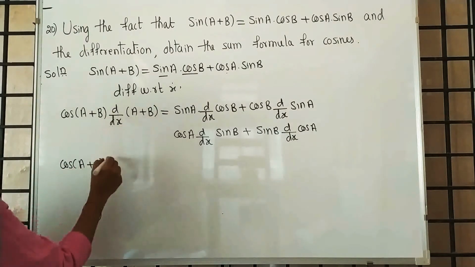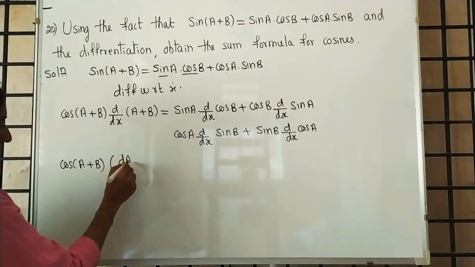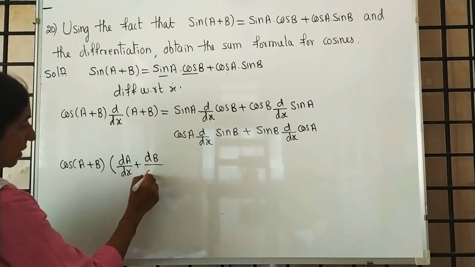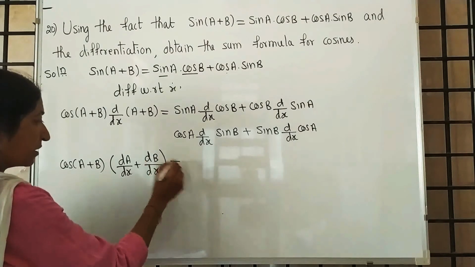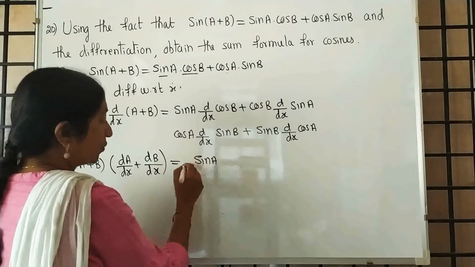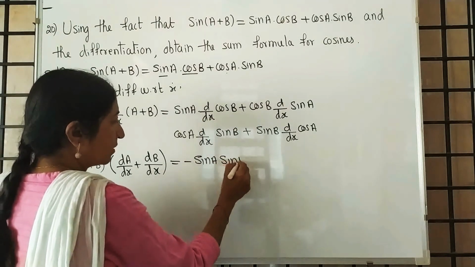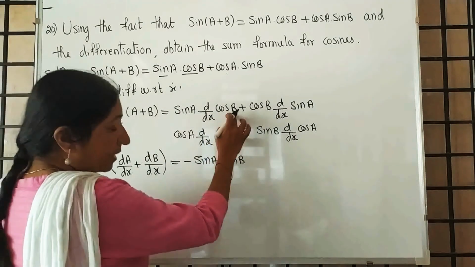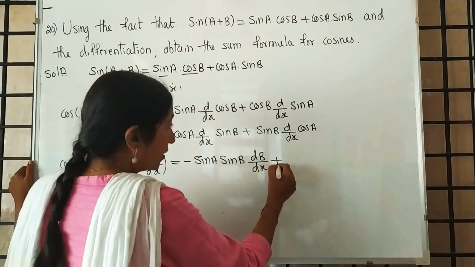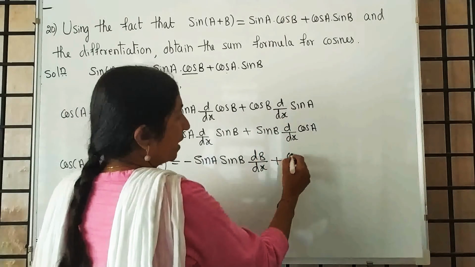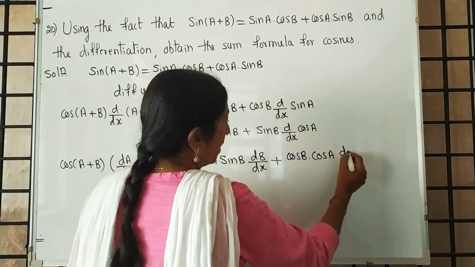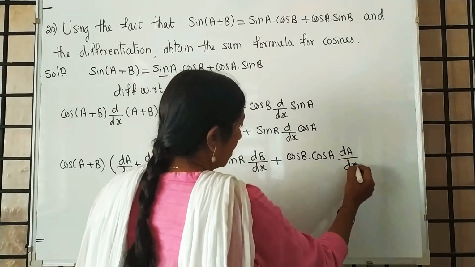In the bracket, differentiation of A with respect to x is dA upon dx, B with respect to x is dB upon dx, is equal to sin A as it is, differentiation of cos B is minus sin B, that's why I wrote minus first, and the angle is other than x, so we have to write dB upon dx, plus cos B as it is, differentiation of sin A is cos A, and again we have to differentiate the angle.